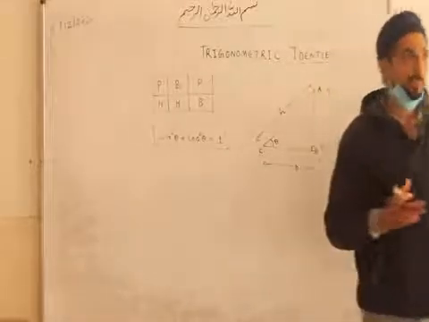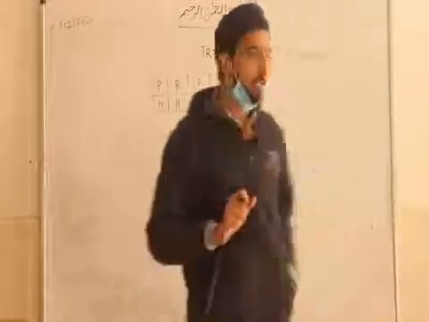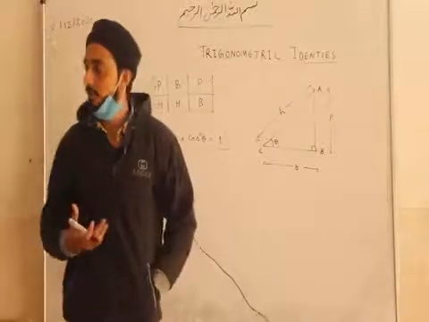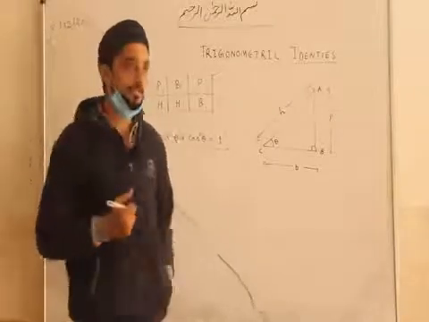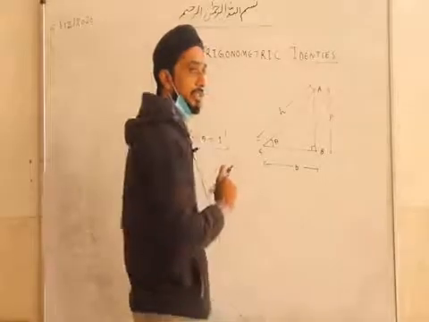We will prove this identity from this triangle, and by using it we will prove some more identities that will be helpful to solve the questions easily. So what is sine theta from this triangle?